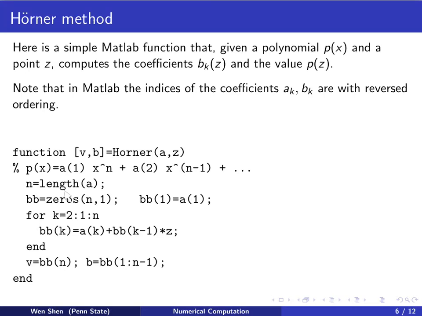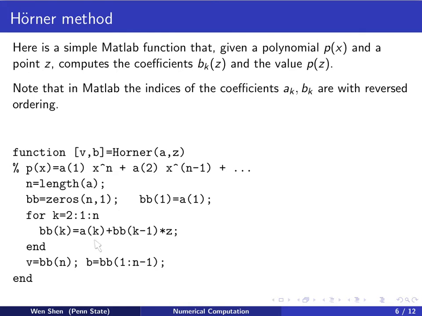So n is the length of A, and we initialize by generating a zero vector of length n, and then we set the first one to be a1, which is an in our notations, the coefficient in front of x^n. And then we go forward for k equal to 2 up to n, and we can compute the kth element in the b vector to be a of k plus b at k minus 1 times z.